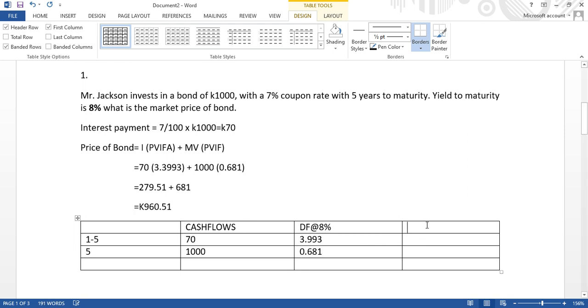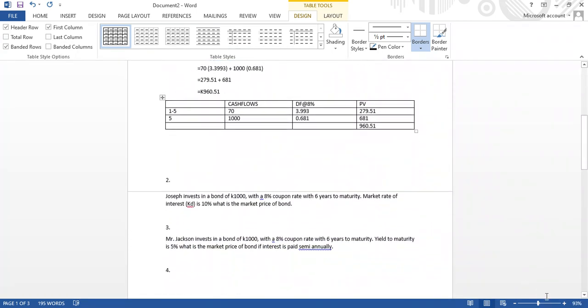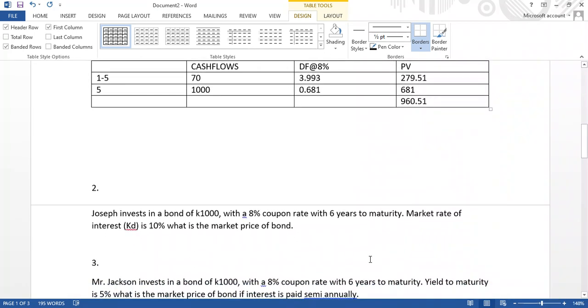When we go to our present value tables, you find our discount factor is 0.681, and you get your present values here. 279.51 plus 681, and the net present value is 960.51. So whichever technique you feel comfortable with, you can use it. Let's go to our next question.